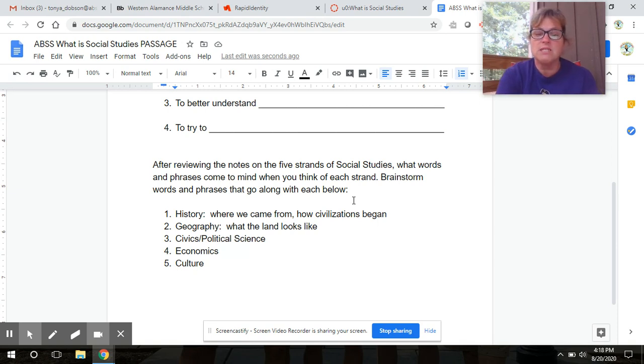Brainstorm words and phrases that go along with each below. I filled in 2 of them. For history, really, it means where the civilization came from and how it began and how it succeeded. The geography is what the land looks like. Okay, so you're going to go back to that slide show at the top of the assignment, and you'll be able to fill in just a word or phrase as to what these things mean.